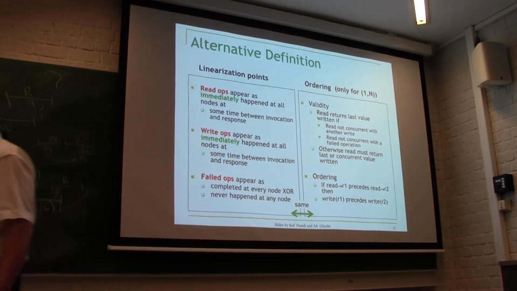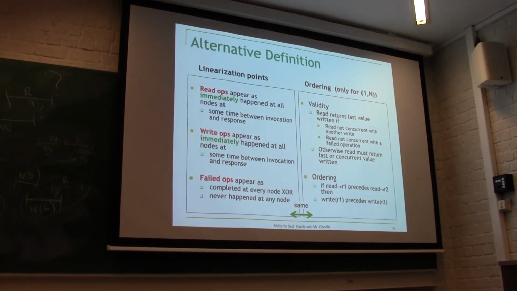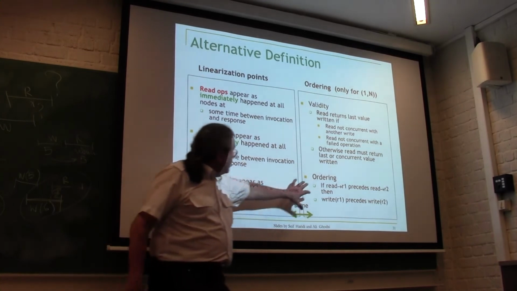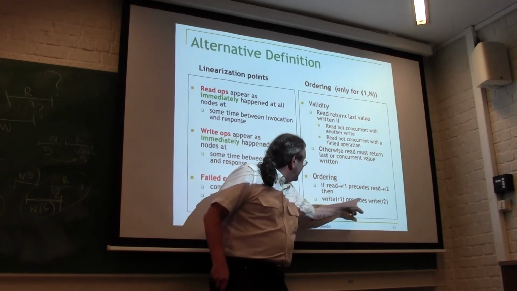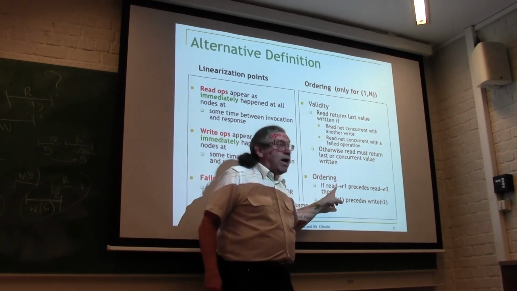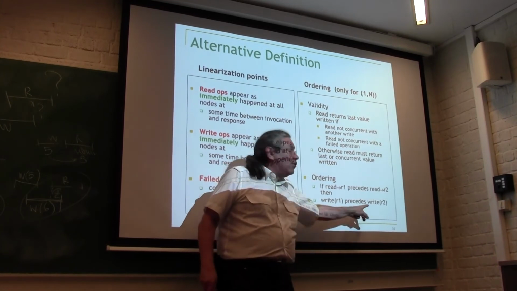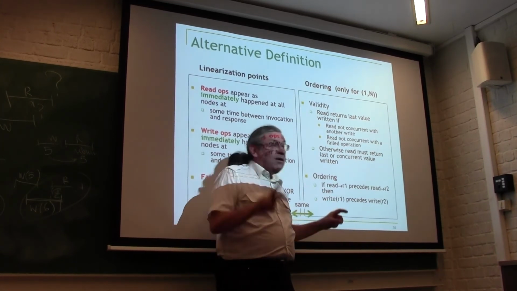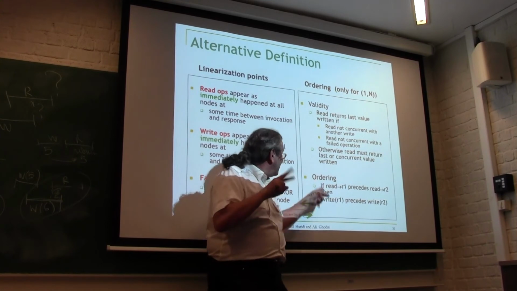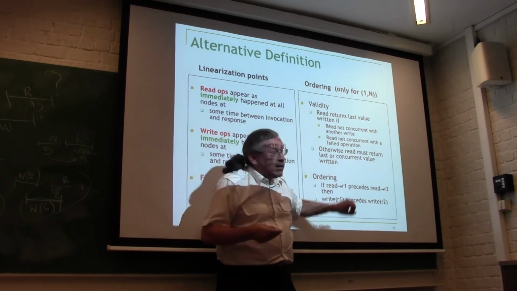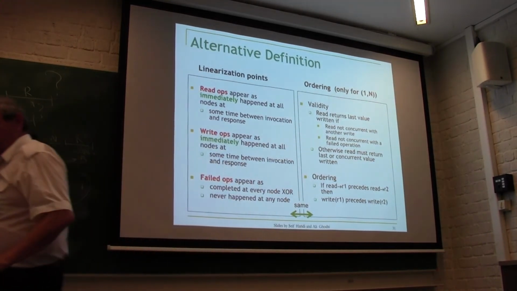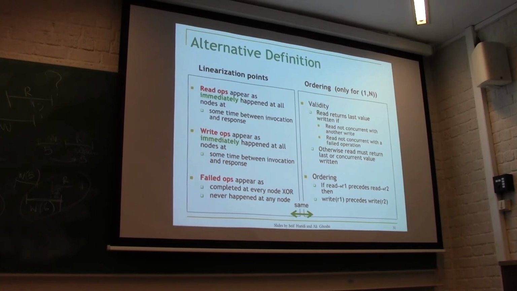With this ordering, it becomes linearizable. Basically, we make sure that the reads are read in the same order that they're written, that we never switch the orders around, and that's enough to make it linearizable. So those are two different definitions.